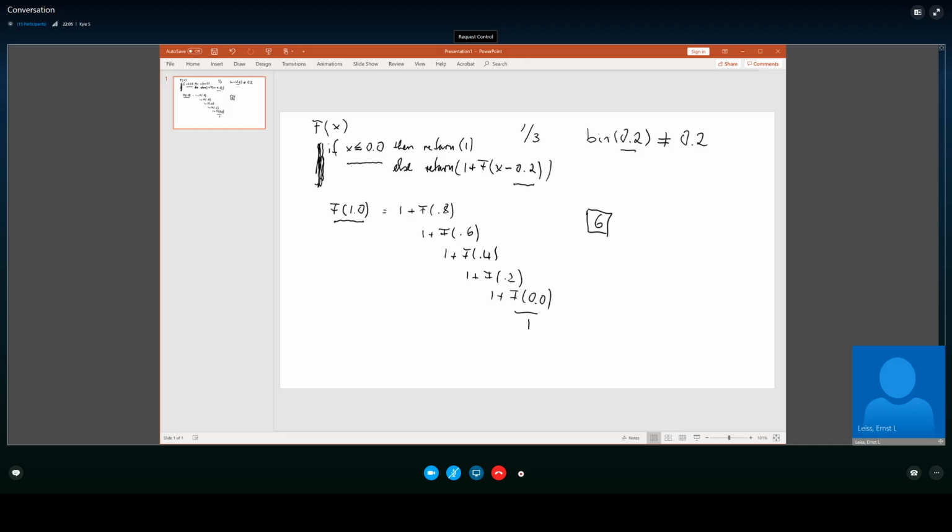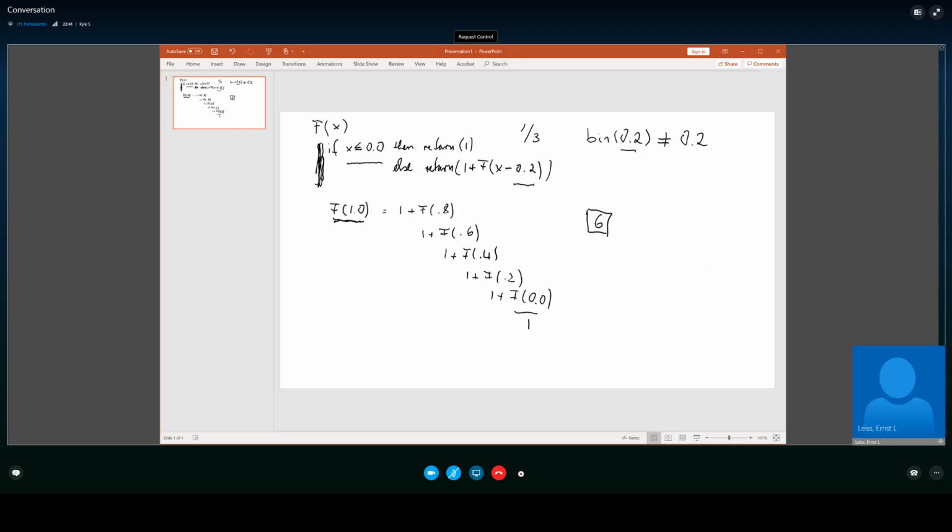So we will not have any stack overflow anymore. However, we don't really know what is going to be the result. Now, if it is an algorithm, we know perfectly well, this is 6, and that's what we expect to get if we have f of 1.0. But that's not really necessarily true.